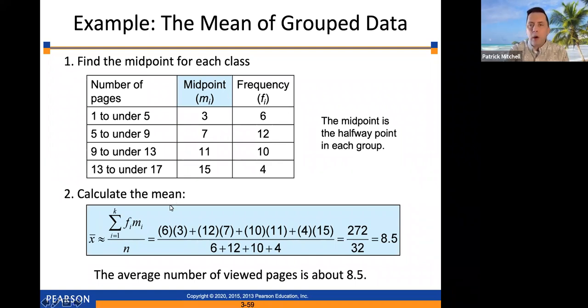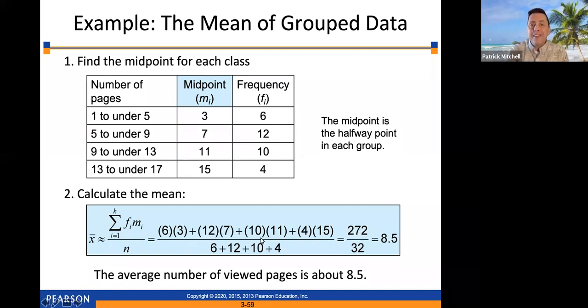And again, I think that there is a clearer way to do it, which I will show you on the next slide. What you do is you take each frequency times its midpoint. So that's how they got 6 times 3, 12 times 7, 10 times 11, 4 times 15. You add all those products together, and it comes out to 272.